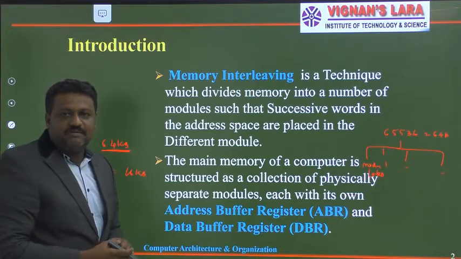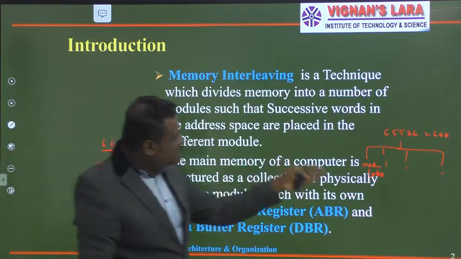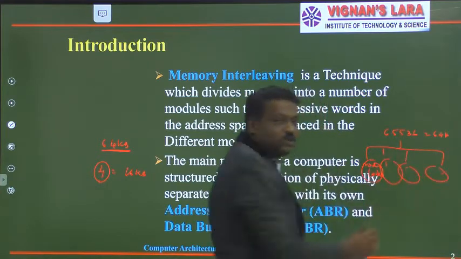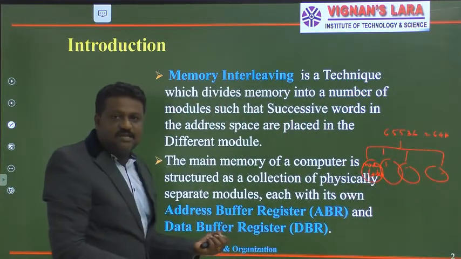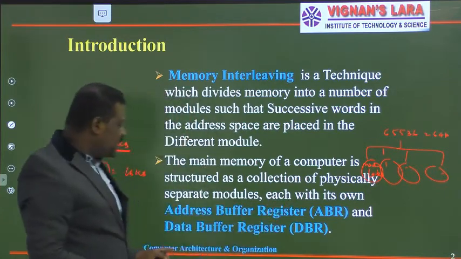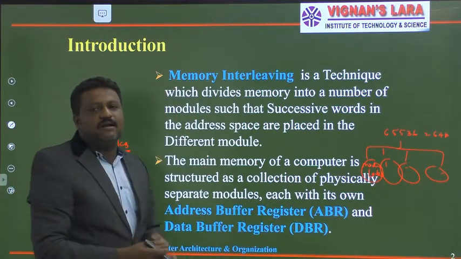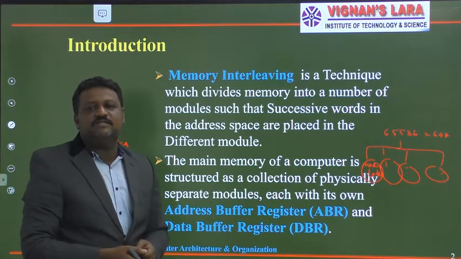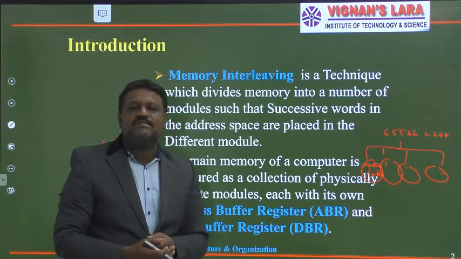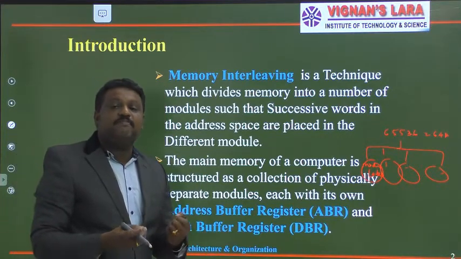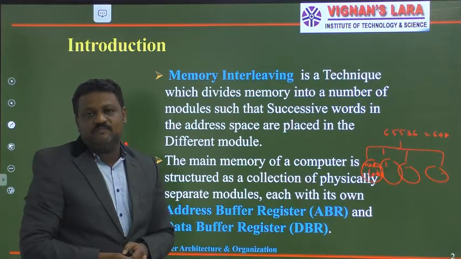In order to access the information from each and every memory module, I took the help of a pair of registers. One is called ABR, the address buffer register, and the second is called DBR, the data buffer register. With the help of those 2 registers, I can read or write information onto any particular location of a module.